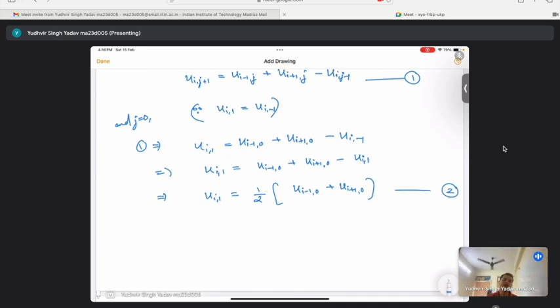Now again, as we have done earlier, we will change the values of i and try to find out the solutions at the respective nodal points. So take i equals to 1.